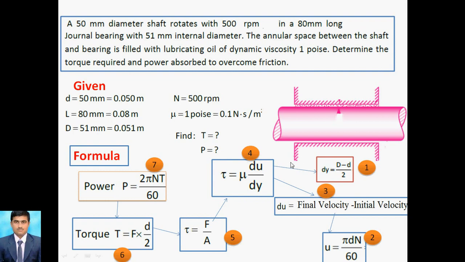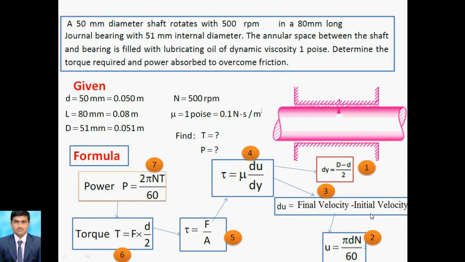Small d is 50 mm. In between you can calculate dy, that is nothing but the thickness of the film. And second, for finding the final velocity, we calculate u is equal to pi D N by 60.